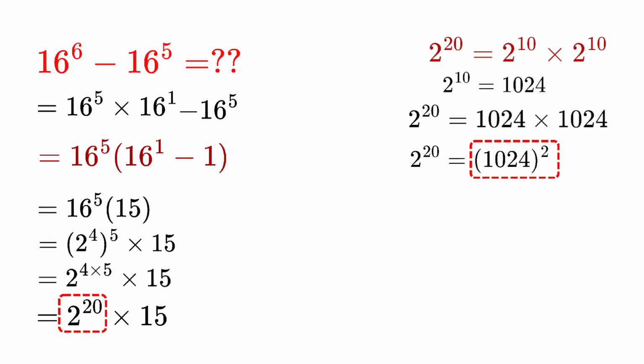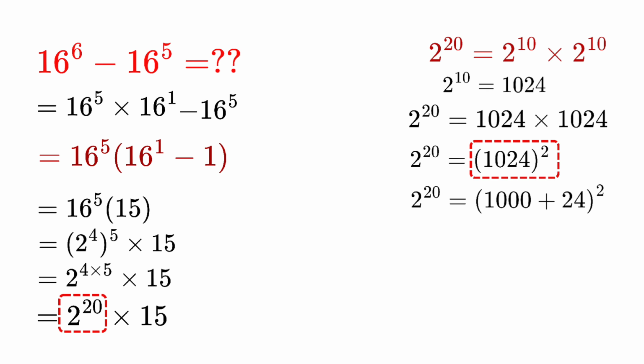You might think, oh, that's a huge multiplication. But don't worry, I have a clever algebraic technique that will make it much easier. Let me break down 1024 into parts. We can write 1024 as 1000 plus 24. Does this help us?